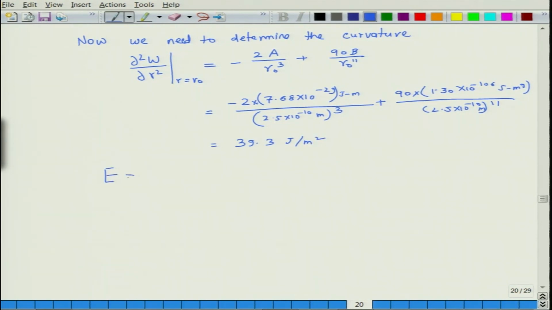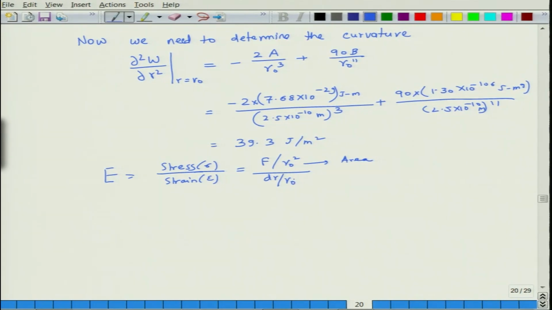So modulus is now given as stress divided by strain, right, sigma divided by epsilon. What is the stress? Stress is force per unit area. So let us say the force is F and area we approximate as R naught square. This is just an approximation, and strain is, let us say, dr divided by R naught.